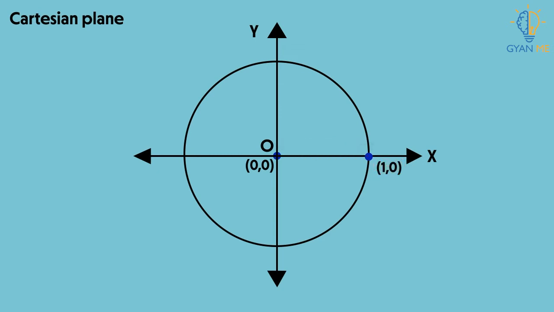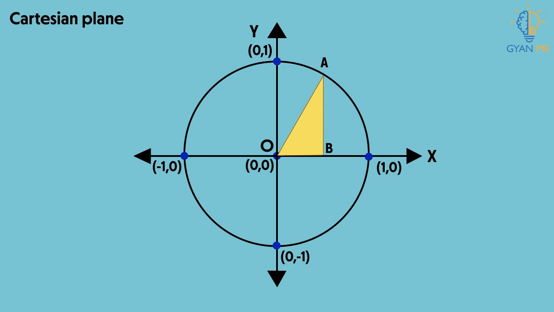Similarly, the coordinates of these points will be 0, 1 since it lies on y-axis, minus 1, 0 since this is on x-axis but on the negative side, and 0, minus 1 which is again on y-axis but on the negative side.